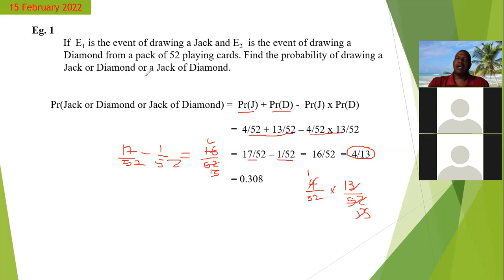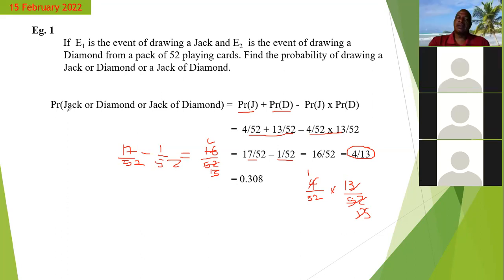And in order to determine whether or not you have a non-mutually exclusive event, you will see that the two events, Jack and Diamond, can occur separately or they can occur together in one single draw, right? Because you have the Jack of Diamonds. So you can get either Jack or Diamond or the Jack of Diamonds.